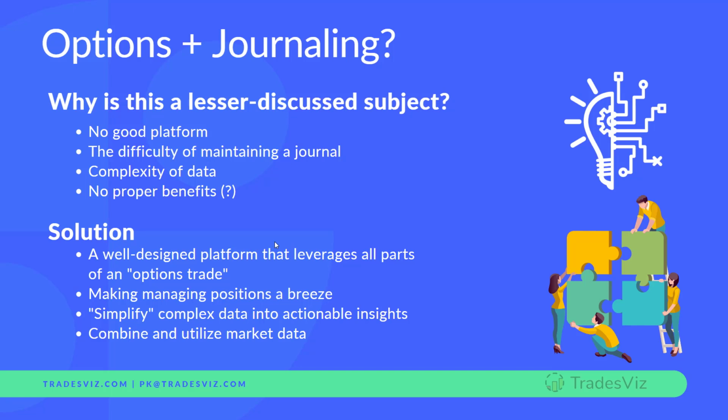Whereas we have multiple option strategies. You have condors, butterflies, strangles, verticals. You have so many different strategies and so many different ways to group these trades and to get insights from them. And that's the difficult part that nobody seems to have found a proper solution for.